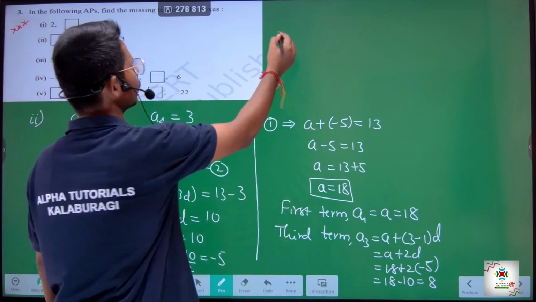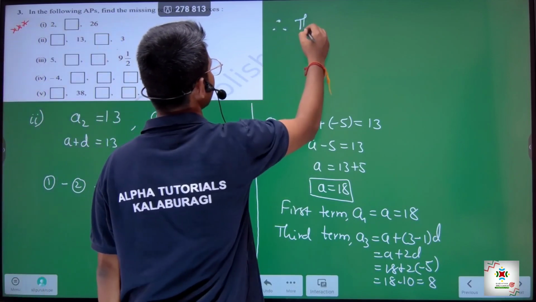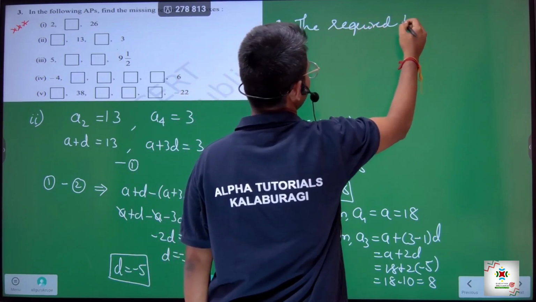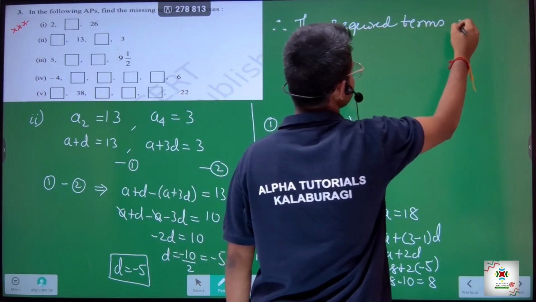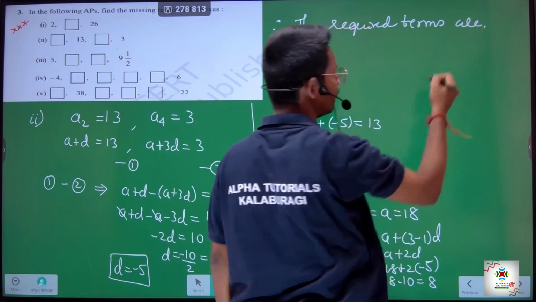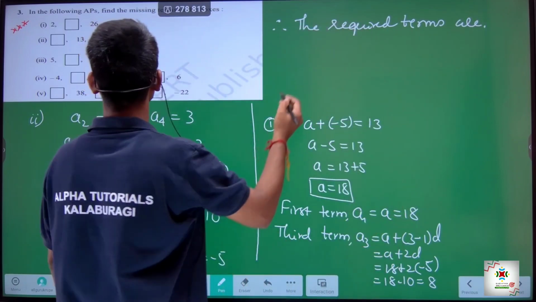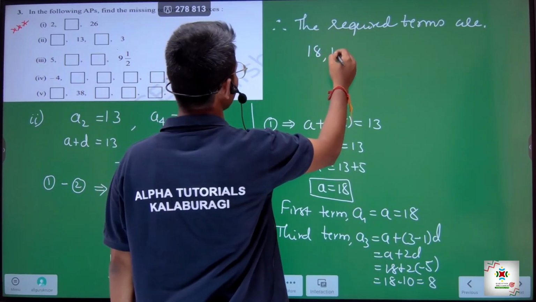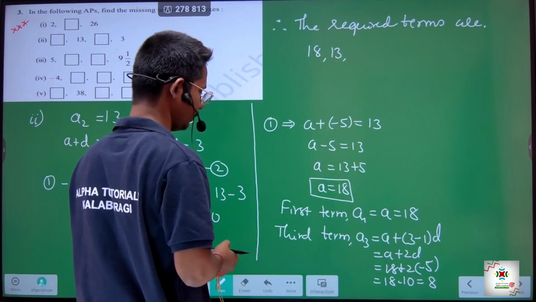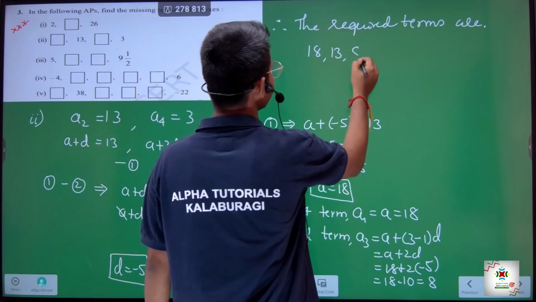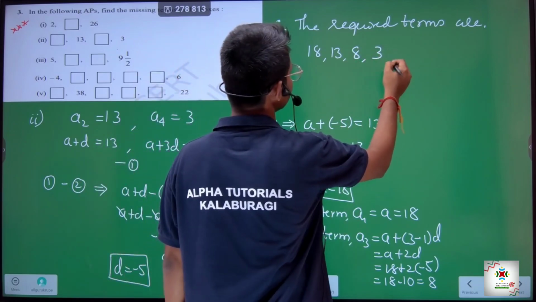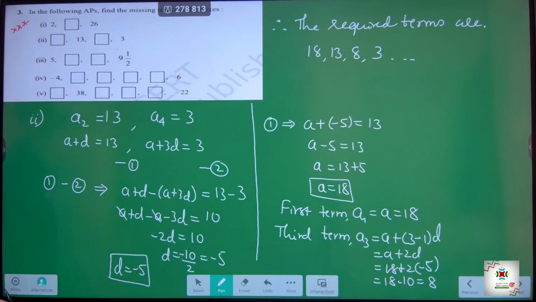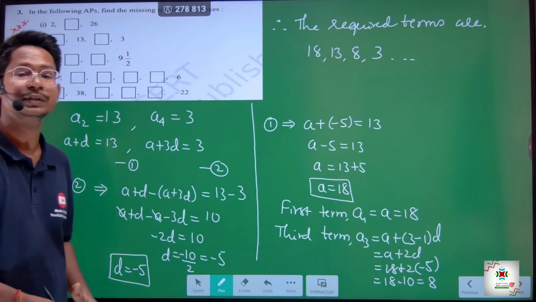Therefore the required terms are, including given and missing: first term 18, second term 13, third term we have got 8, and fourth term is given as 3, and this continues. So this is how you can find the missing terms.